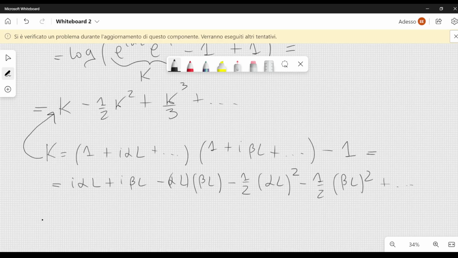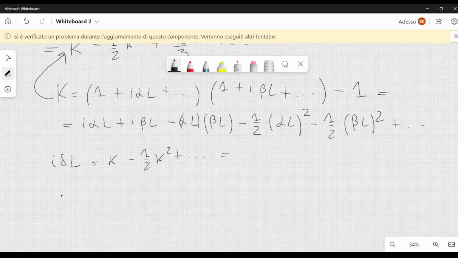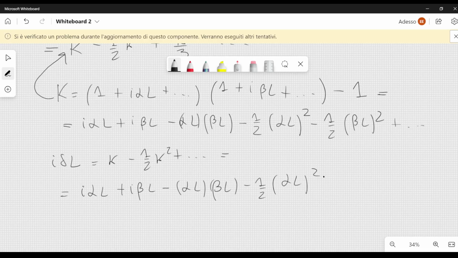You can put k there, so you have I delta L, which is equal to k minus 1 half k squared plus dot dot dot, and this will be equal to, so when you consider k, you have I alpha L plus I beta L minus alpha L beta L minus 1 half alpha L squared minus 1 half beta L squared plus, and then you have minus 1 half k squared.